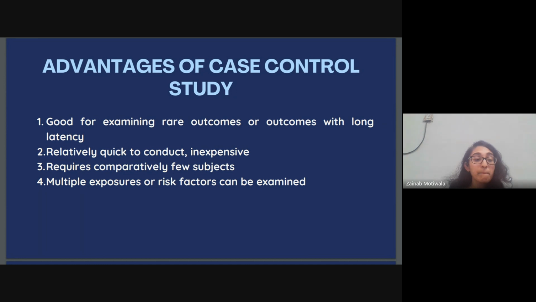At the same time, multiple exposures or risk factors can be examined. The way we were talking about cohort studies, where we can study multiple diseases, here multiple risk factors or exposures can be studied. And now I would like you to put in the chat box what you think would be the disadvantages of case control.